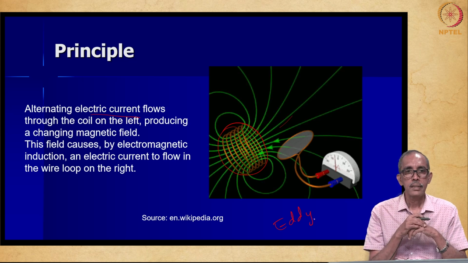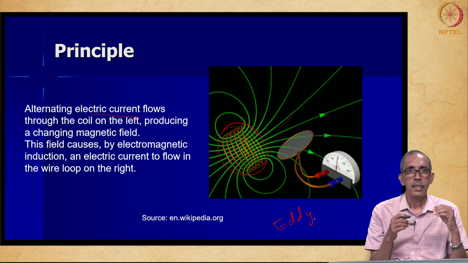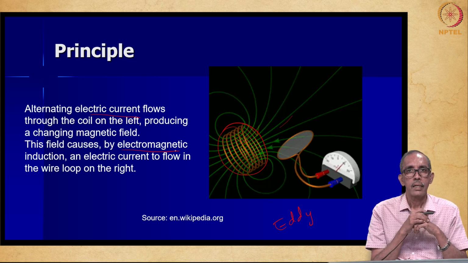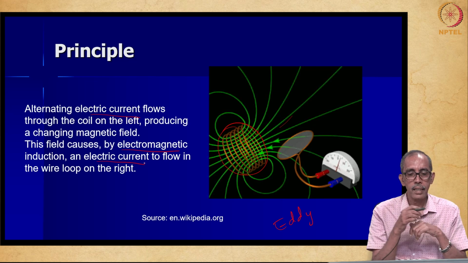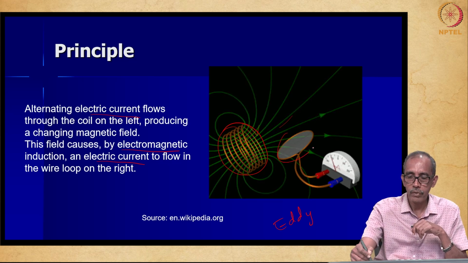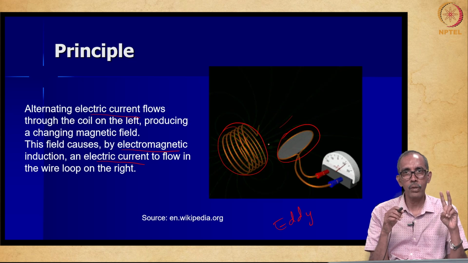right. This field actually leads to electromagnetic induction. This creates electrical current to flow in another wire loop which we have kept at the same place, right. That means we use two wire loops.